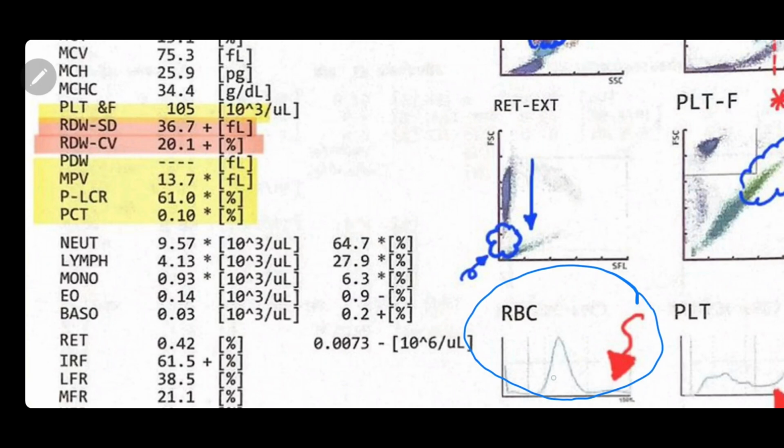Therefore, when we measure at 20% of the height, we find that the width is increased. In this case, it means there is a possibility of rouleau formation, indicating chronic inflammation or cold agglutination.